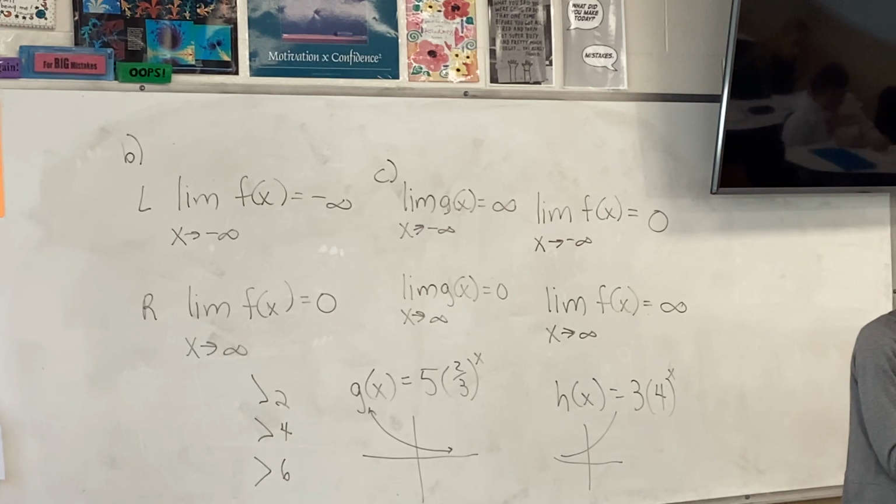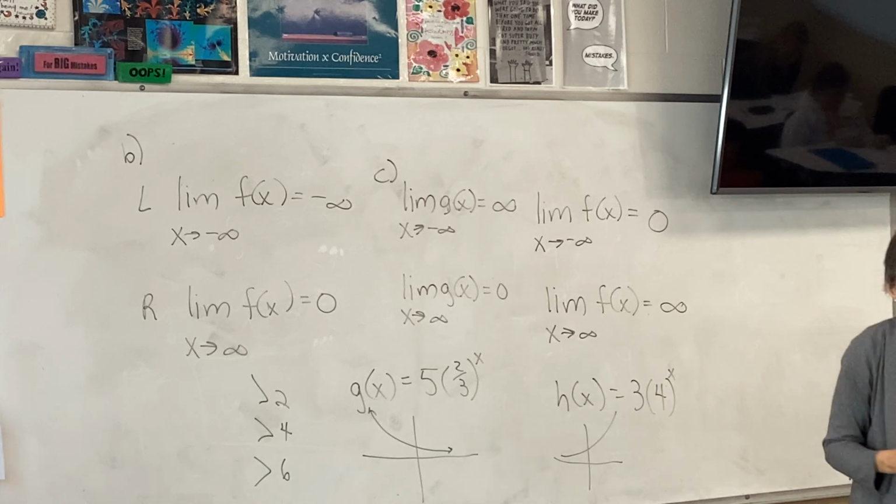Let's make sure we're clear on that. If it's 2, 2, 2, 2, you are linear. If it's 3, 7, 11, you're quadratic, because they're going up by 4s. If they're going up by multiples of 2 or something, then it's exponential, as long as those x's are the same.